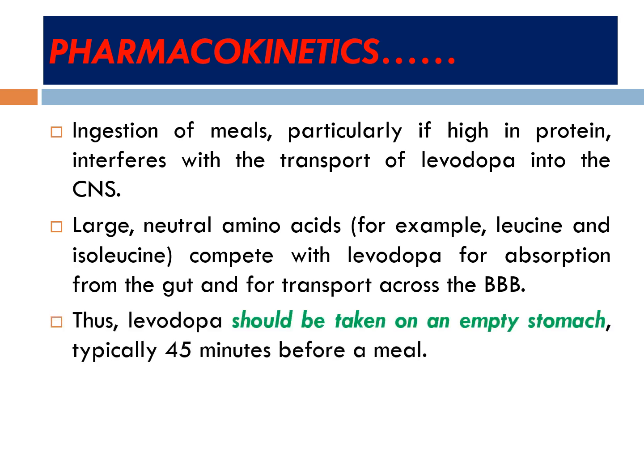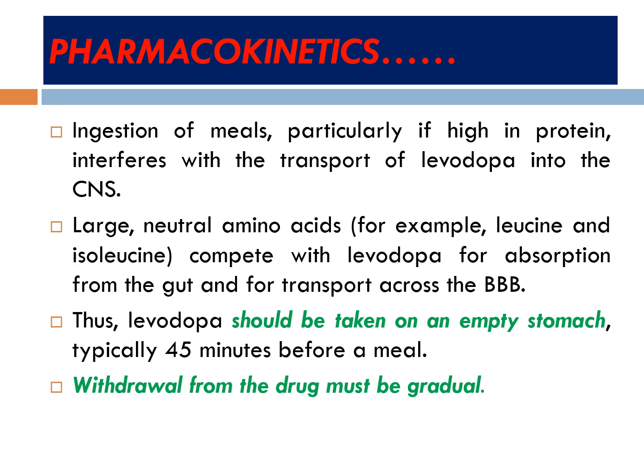Why? Because levodopa has to enter the nerve terminal through an amino acid transporter. So if you take a very meaty meal, then it is going to compete with the transporter. So levodopa should ideally be taken on an empty stomach or 45 minutes before a meal. And of course, the withdrawal from the drug must also be very gradual.